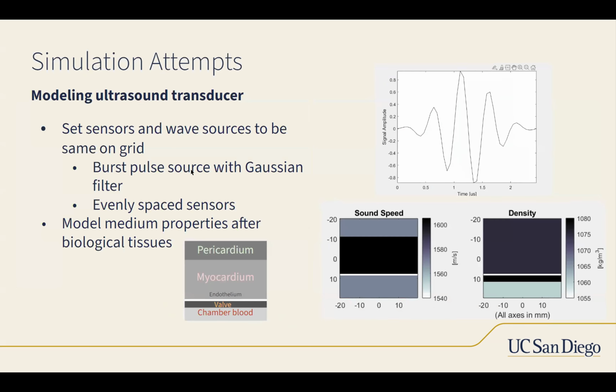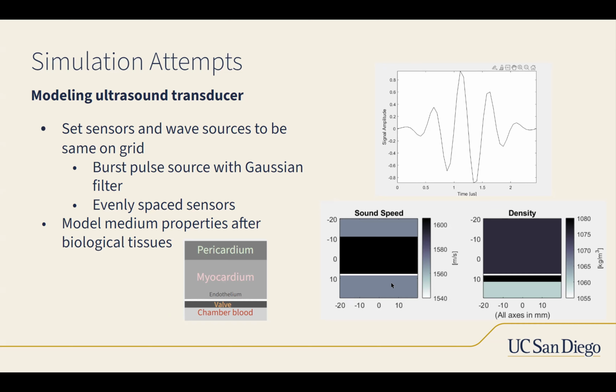What I really wanted to do was to model something after a biological tissue. So I tried to build my own quote-unquote ultrasound transducer by setting the sensors and wave sources to be in the same locations as ultrasounds would be, and then created a sort of burst pulse source with a Gaussian filter over it to mimic ultrasound pulses. This is two-dimensional.